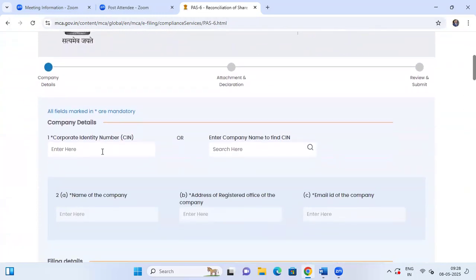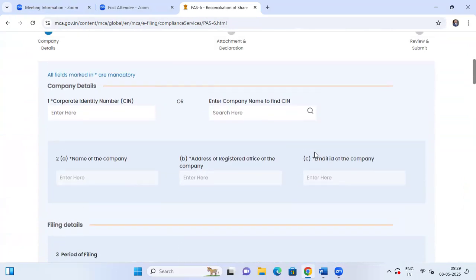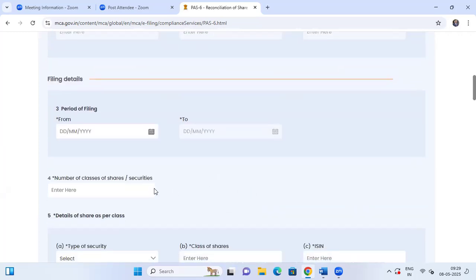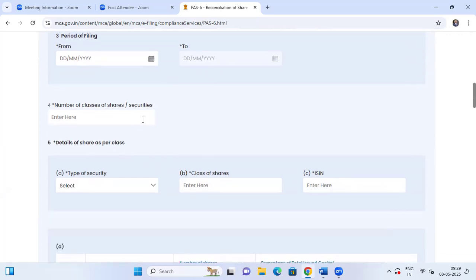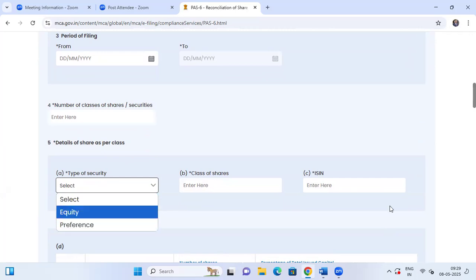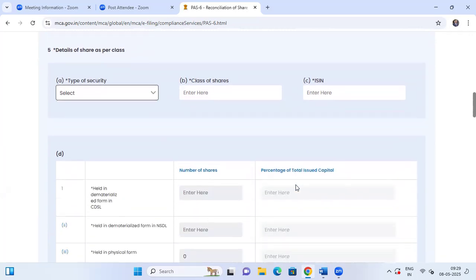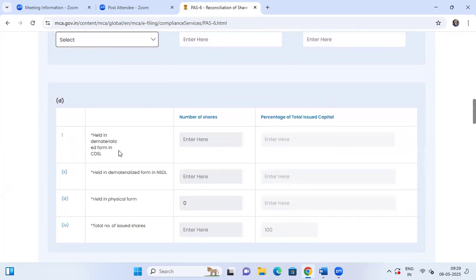This is the Corporate Identification Number. If you put the CIN here, it will be pre-filled. The company name will come here, along with the name, address, and email ID of the company. Then the period of filing, because the form is required once in six months: 1st October 2024 to 31st March 2025. Then the number of classes of shares and the type of security, equity or preference. For each class of shares, ISIN is required; here we have to mention it. Then shares held in demat, either CDSL or NSDL.